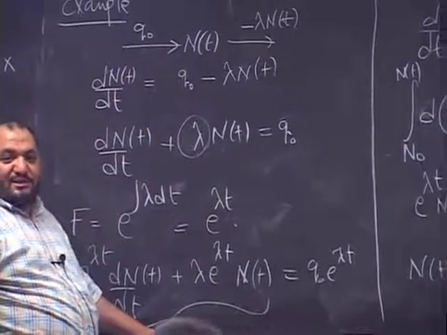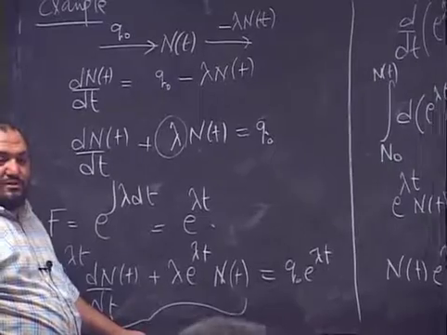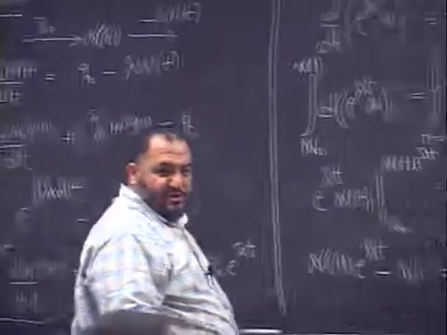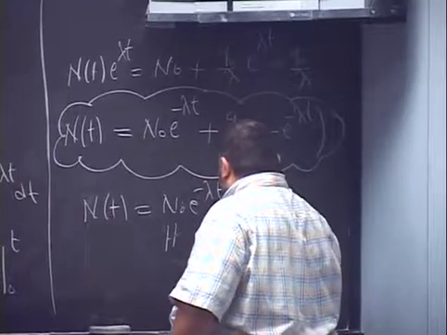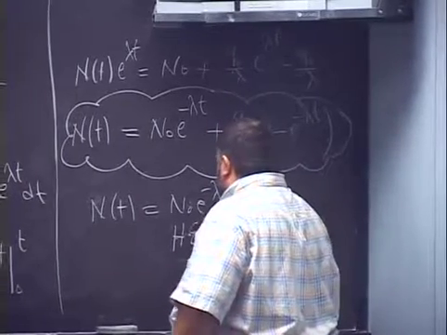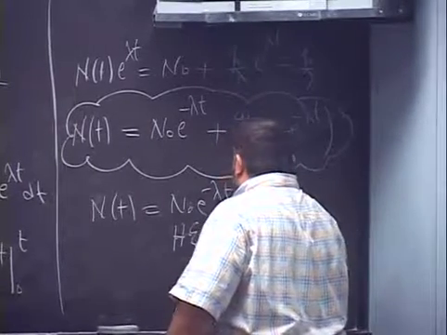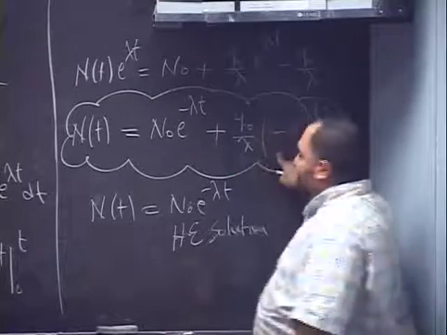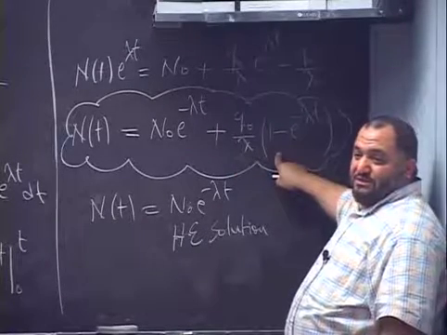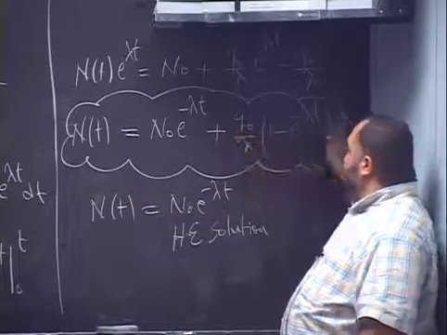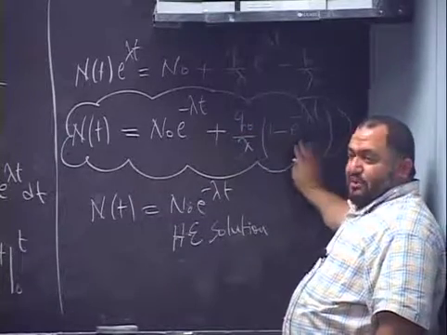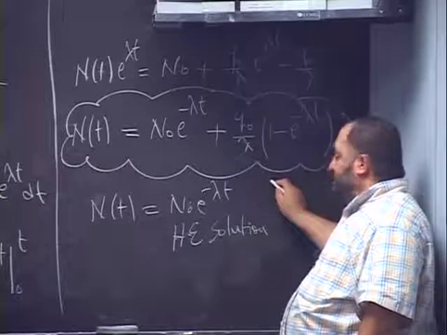So this is the solution for what equation? Homogeneous equation solution. And this is the solution when we have Q naught. So if Q naught is equal to 0, this will be 0.